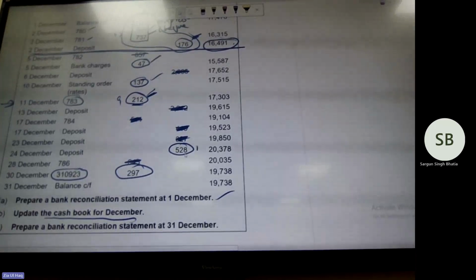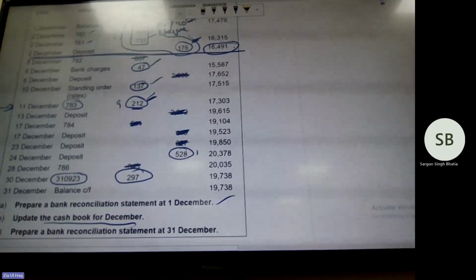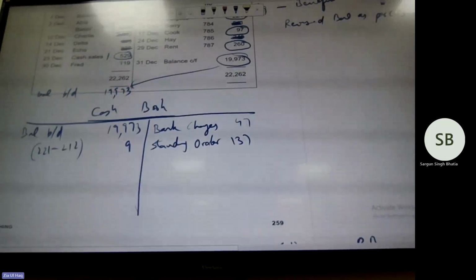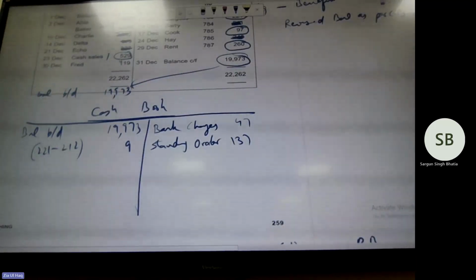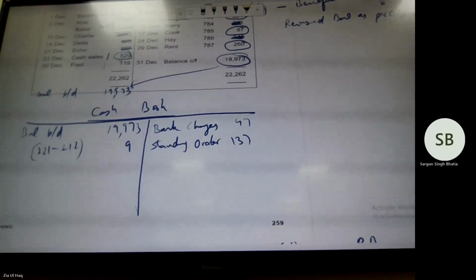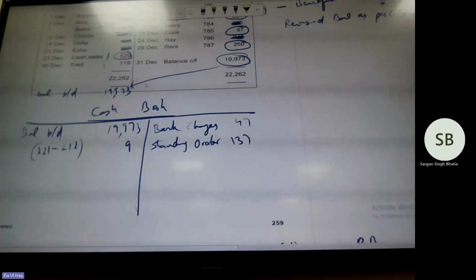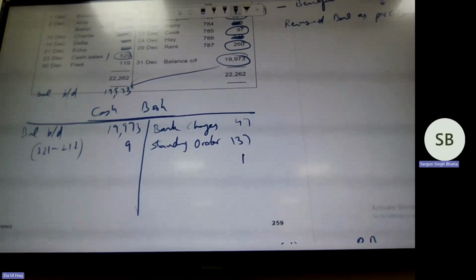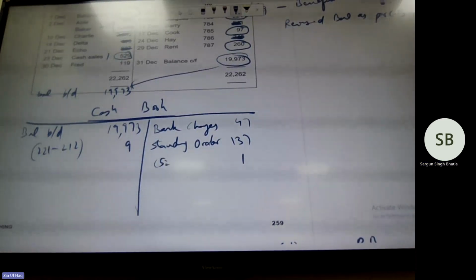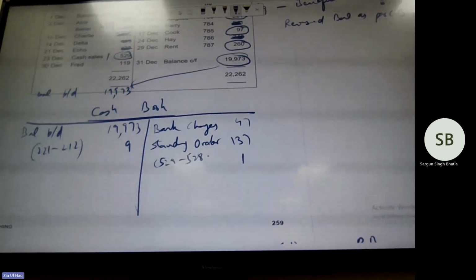So the deposit is of 528, and we have recorded 529 in the cash book. We have recorded more, so we need to deduct by crediting it. One. 529 minus 528.